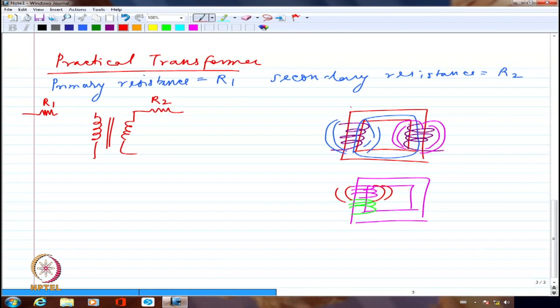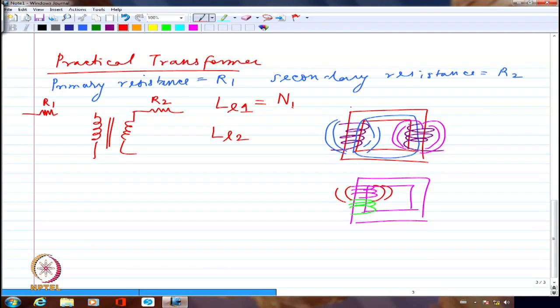I would represent that by an inductance drop, which is known as the leakage inductance drop or leakage reactance drop. So if I call the leakage inductance for the primary LL1, similarly LL2 is the leakage corresponding to the secondary side.